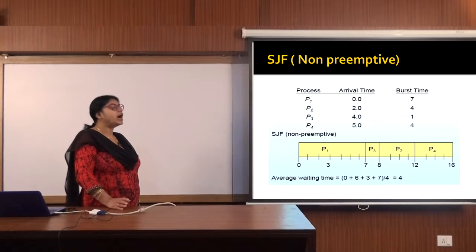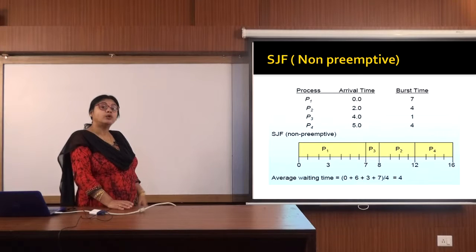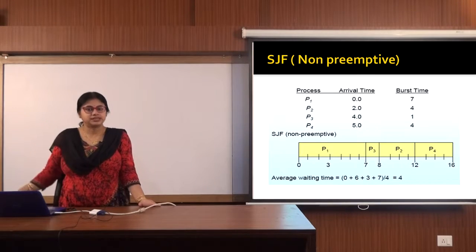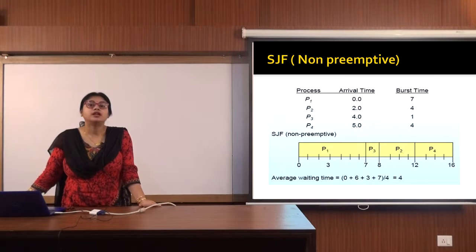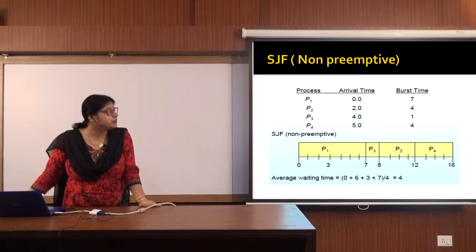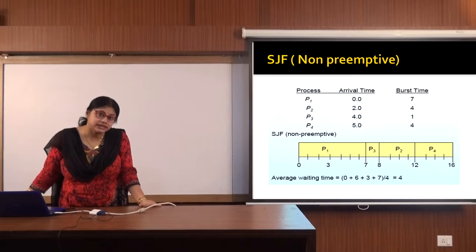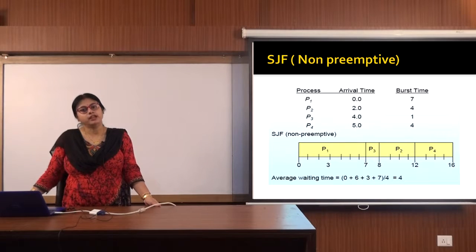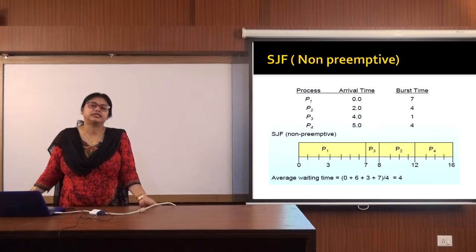So now I have to consider, out of P2, P3 and P4, the process which has the lowest burst time. See here, process P3 has 1 millisecond burst time, and processes P2 and P4 both have 4 milliseconds burst time.